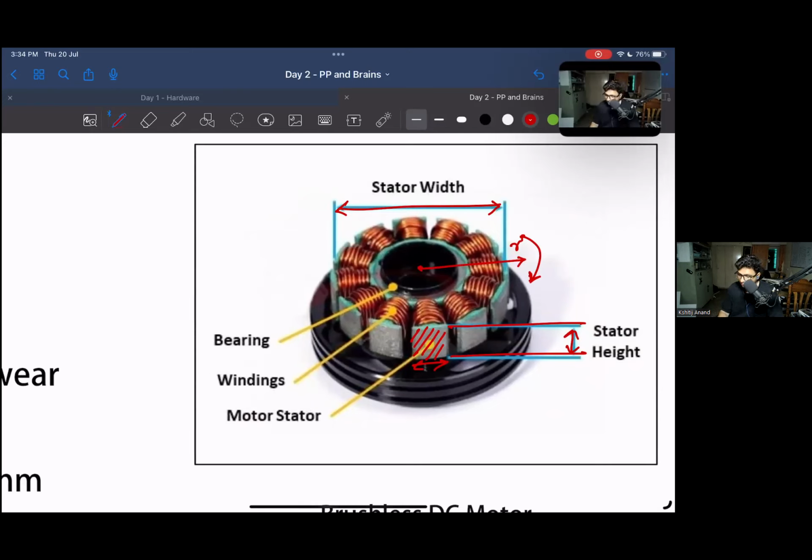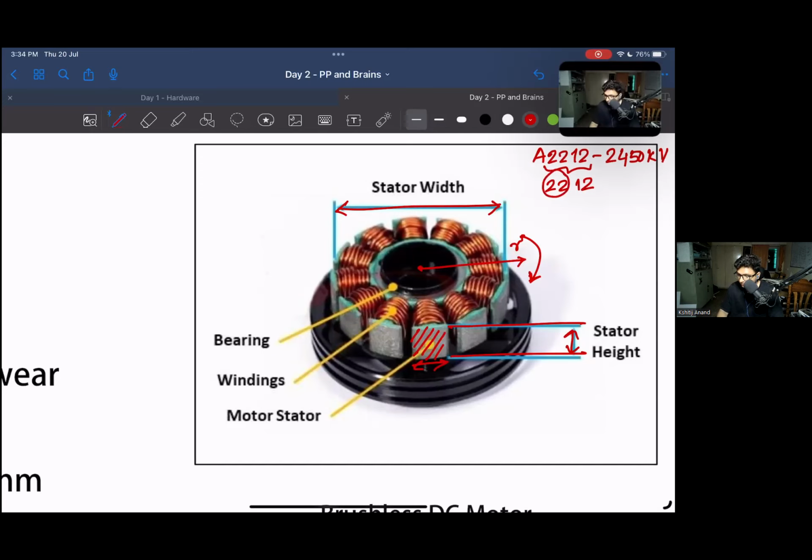So when I have a motor called A2212 2450 kV, these four numbers are basically telling me the dimensions of the stator in the motor. How are they telling me the dimensions?